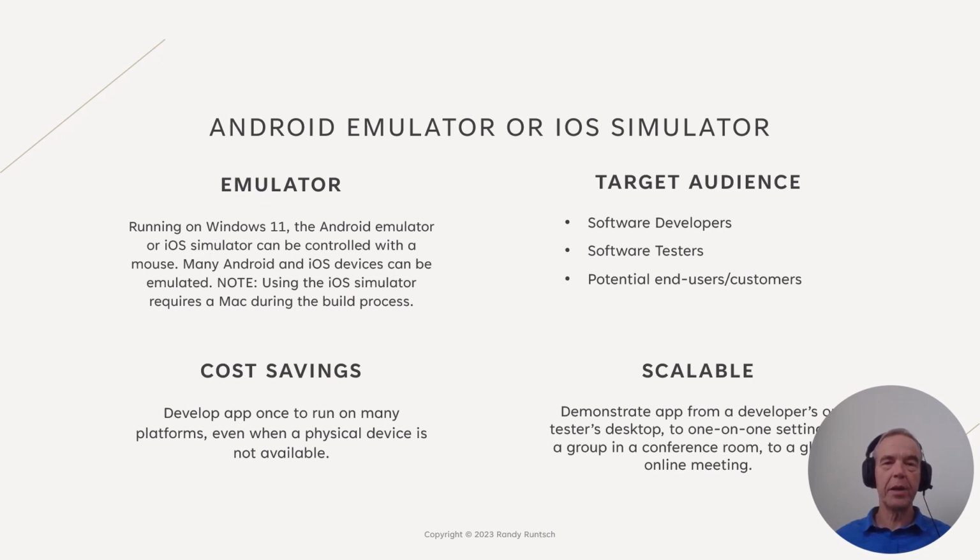The ability to demonstrate an app on an emulator or simulator also scales well. Imagine using it to let a user try an app in a one-on-one setting. Also, one could be used to demonstrate apps in a conference room, in a Zoom meeting, or even in a worldwide virtual conference setting.